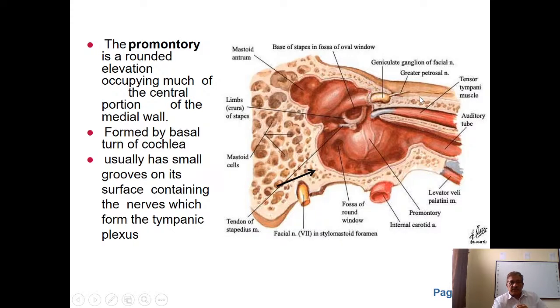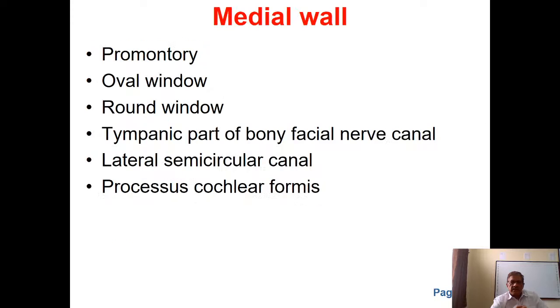So these are the structures which you need to slowly understand and get the orientation. This is the anterior wall, and because the carotid is there, it's called the carotid wall, which has these openings, that is the Eustachian tube opening, and the tensor tympani muscle as it comes into the middle ear cavity. So these are the structures that are present in the medial wall of the middle ear cavity.